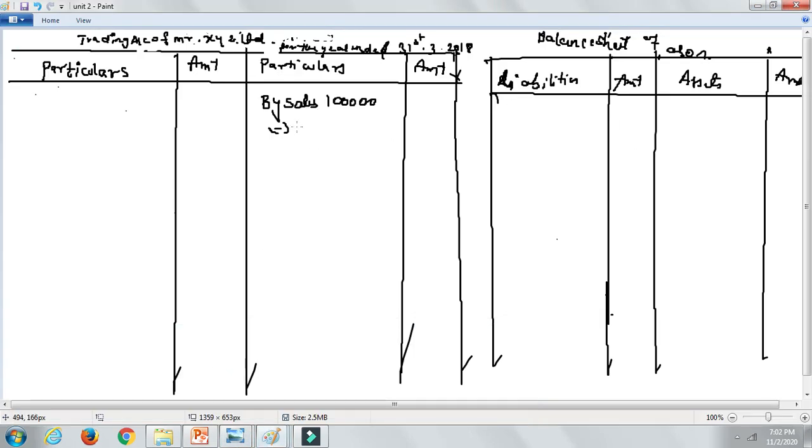From the sales, you deduct sales return, which is 5,000, so it will come to 95,000.